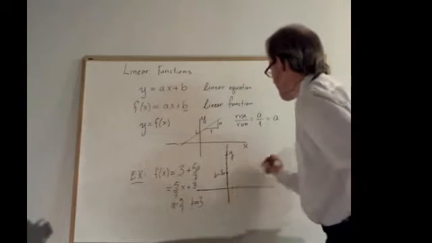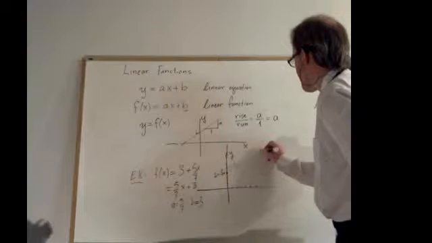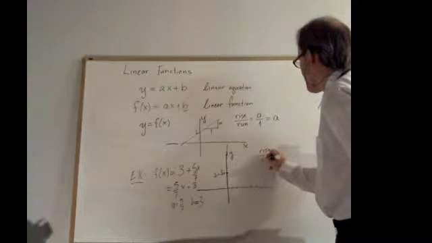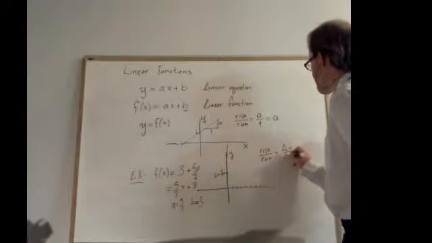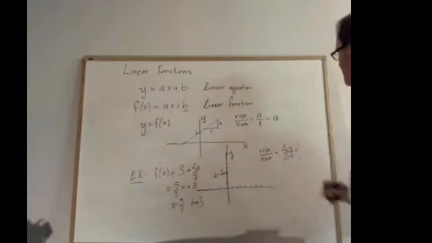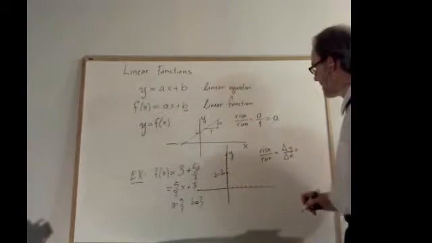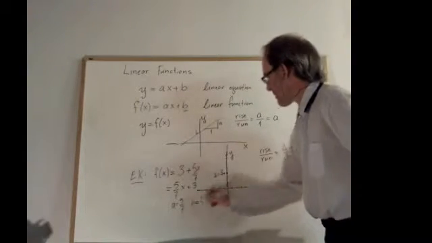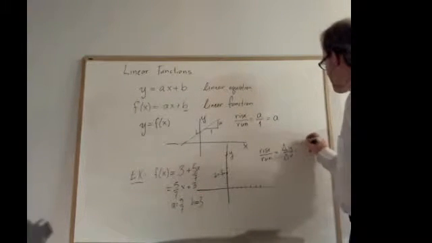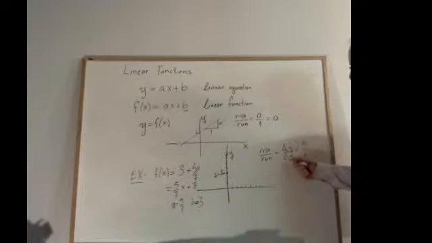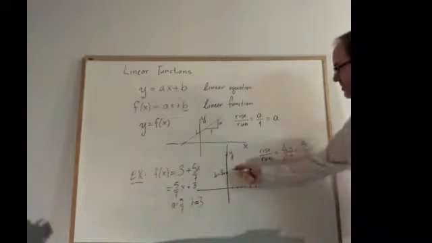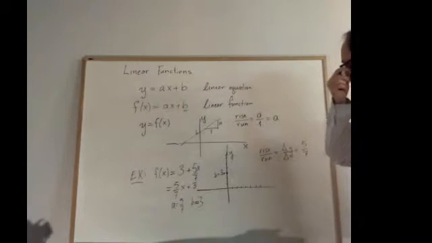Okay, so the y-intercept is 3, the slope is 5 over 7, and so if you take rise over run, remember, that's the change in y over the change in x. In this case it's 5 over 7. A convenient choice, so to speak, we're making a right angle triangle to show the line here.